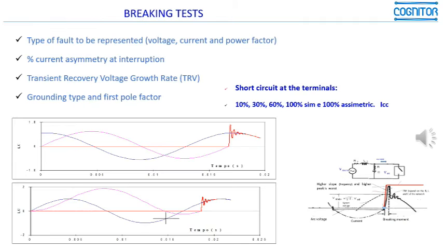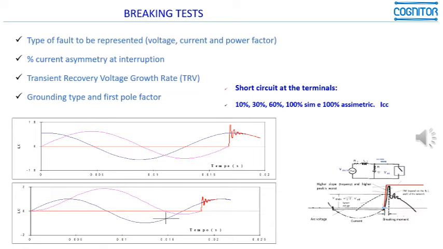What we do in these several breaking tests is to apply conditions that are clearly defined in the IEC standards, of types of faults to be represented: single-phase fault, two-phase faults.